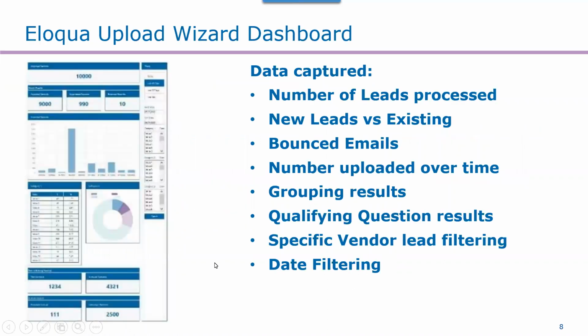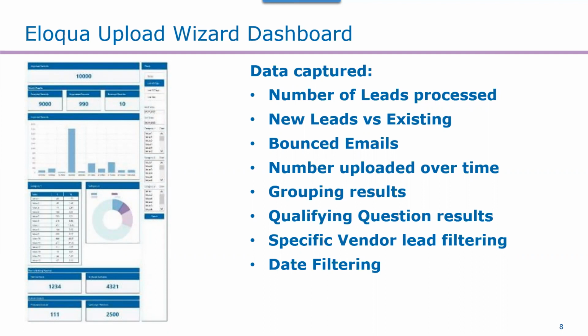Along with the upload wizard, we needed a way to better track and analyze the uploads. So not only were we able to push in all these uploads seamlessly, now we're actually able to track them and have the data better captured. In a click of a button, we're able to see the number of leads processed, new leads versus existing, bounced emails, number of uploads over time, the grouping results.